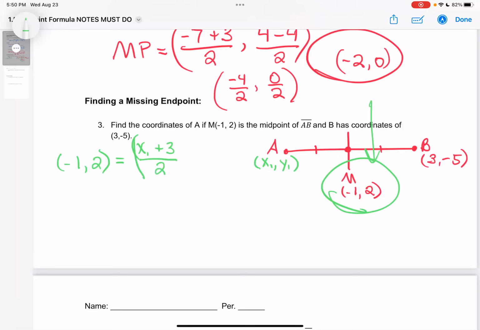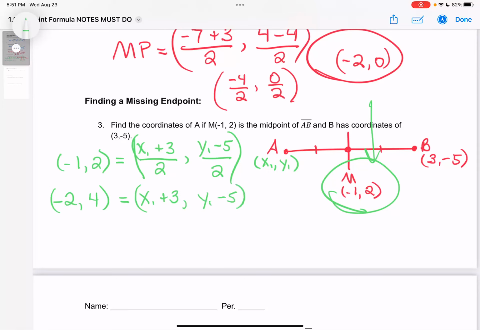Then divide by 2. And the other one is y1, and that's plus -5, so it's -5, also divided by 2. So if we go ahead and just multiply by 2, because both of those are done that way, we're going to have -2, 4 as my ordered pair, and x1 plus 3, and then y1 minus 5.